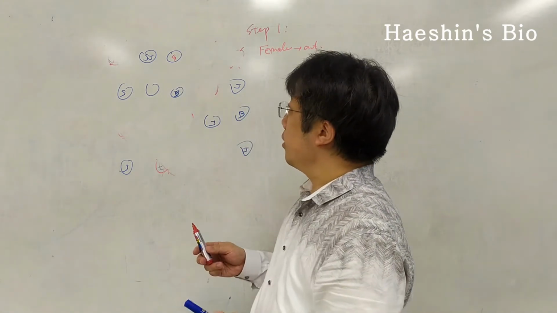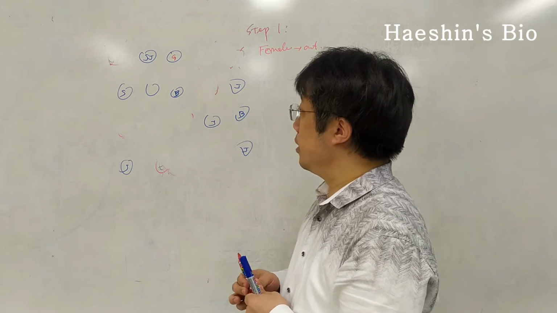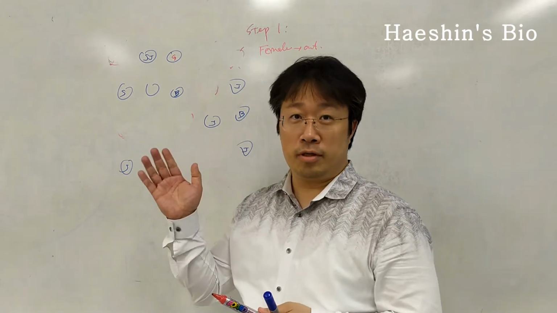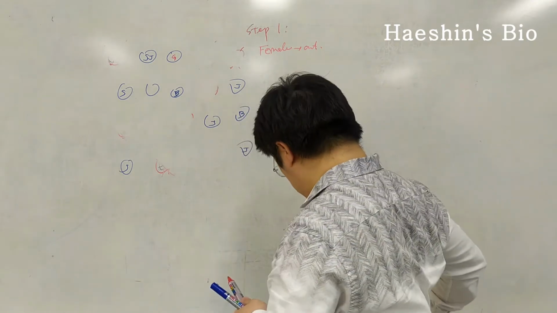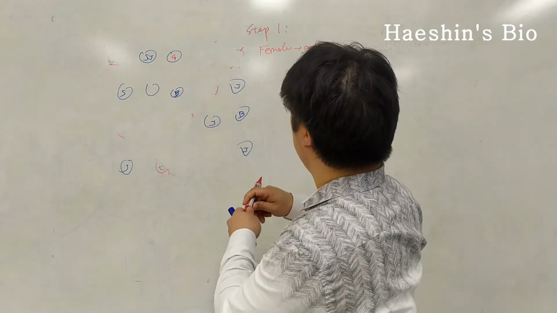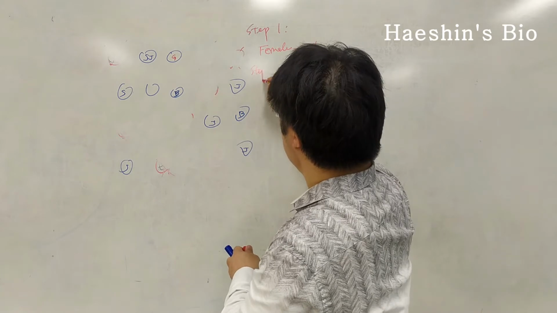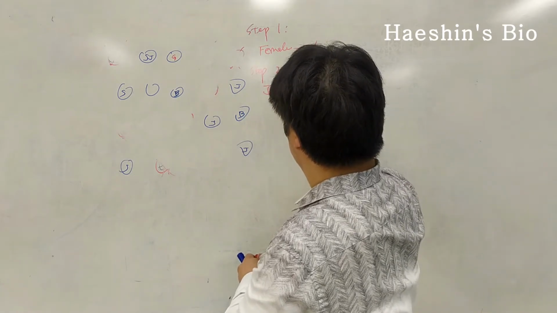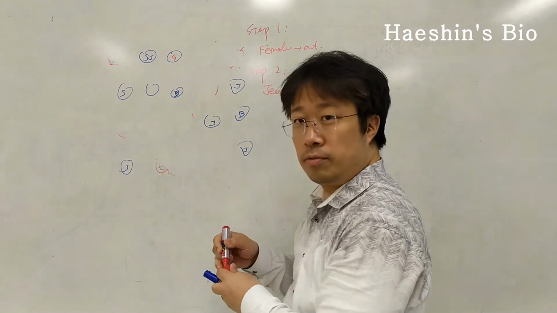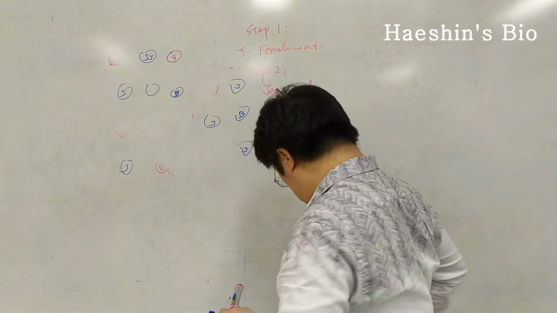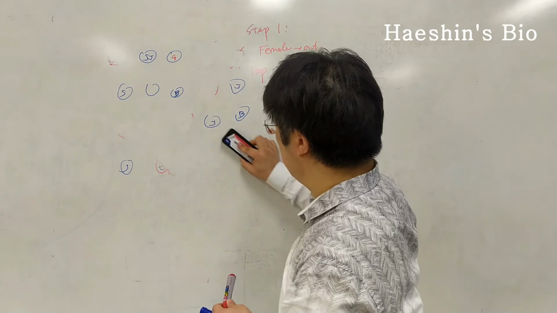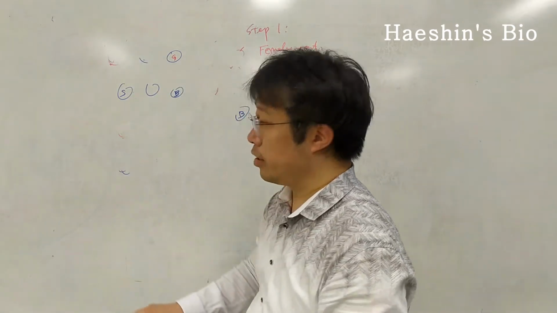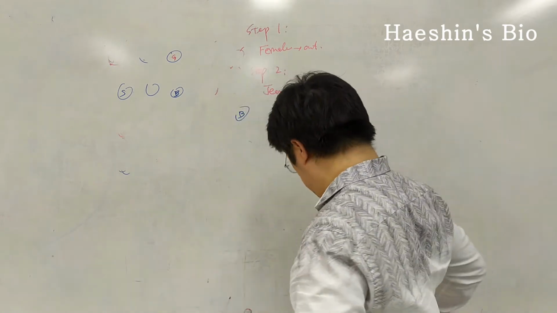And then if I say students with jean pants are excluded, I will delete them. I will call it step two and delete them out: this one, this one, this one.